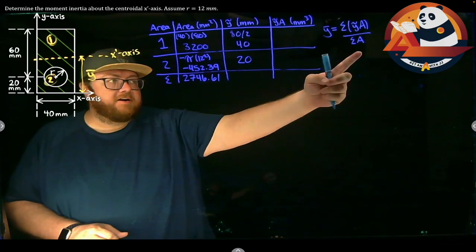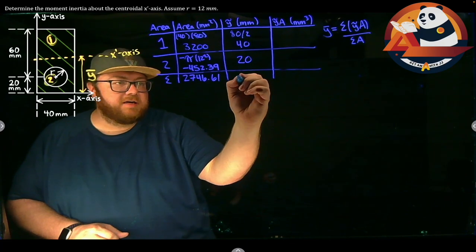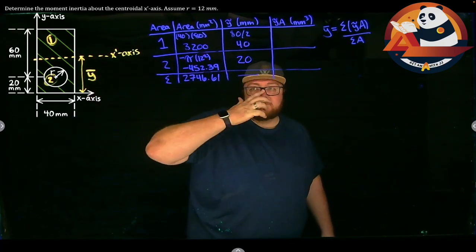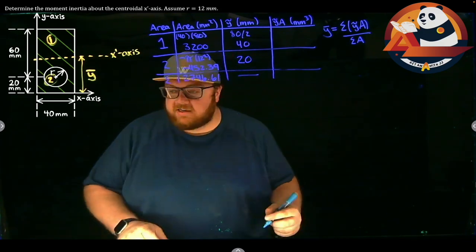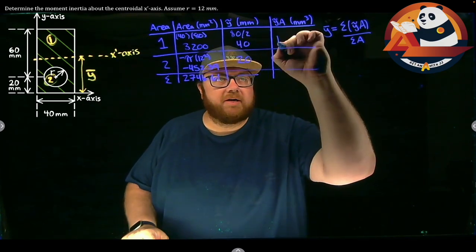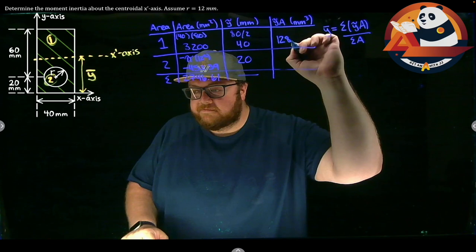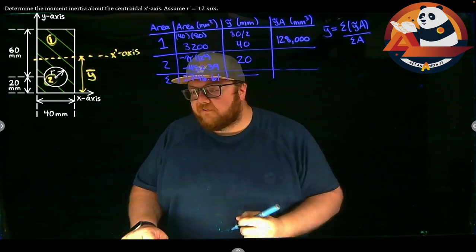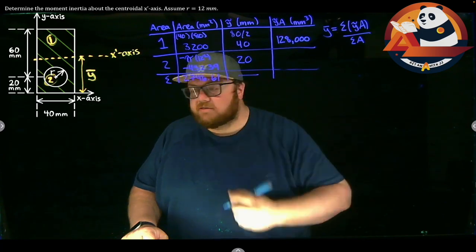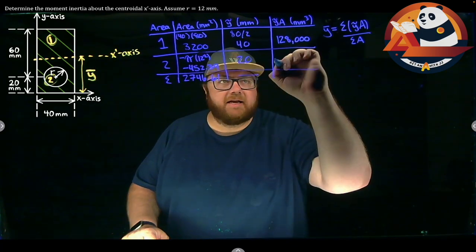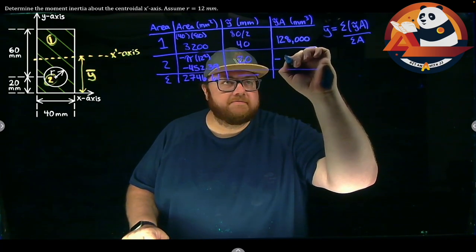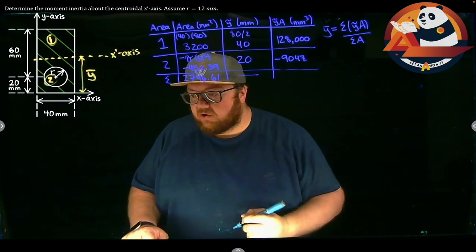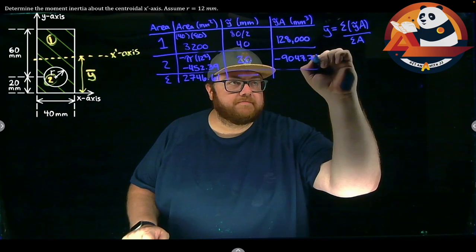I don't have in here a sum of my y tilde, so I'm going to cross that out. I don't need to sum that up. And that's just multiplying these two columns together. 3,200 times 40 is 128,000 even. Negative 452.39 times 20 is going to get us negative 9,047.79.